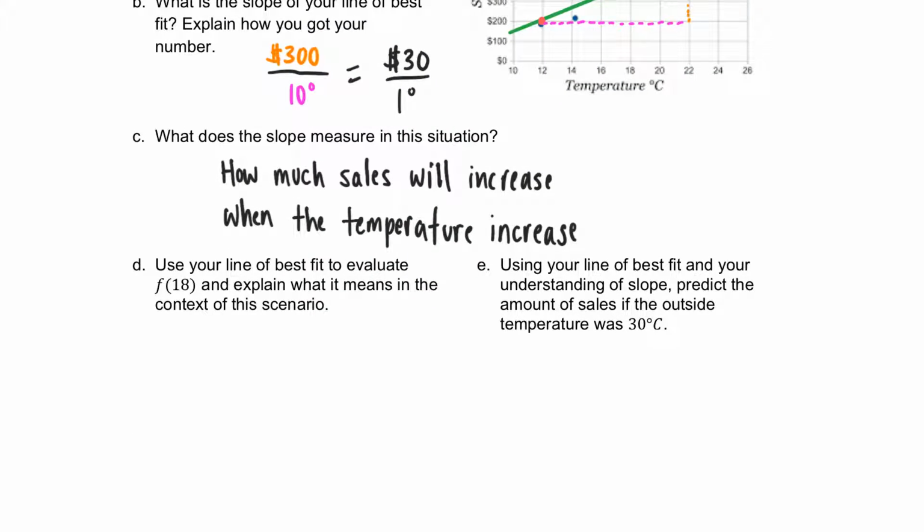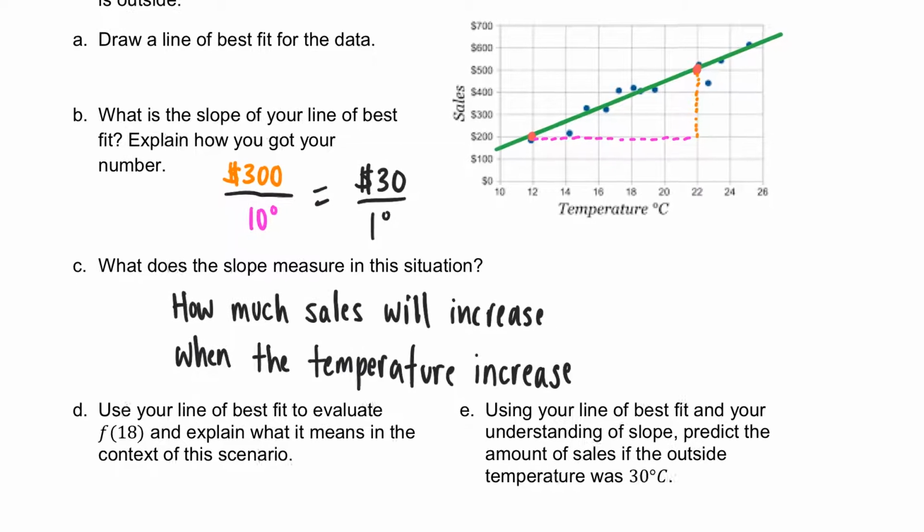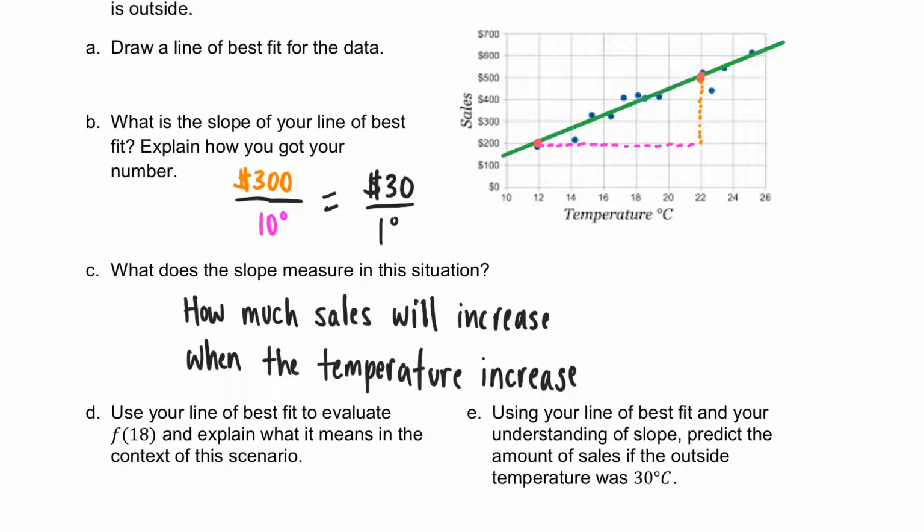Part D is saying use your line of best fit to evaluate f of 18 and explain what it means in the context of this scenario. So f of 18, literally all we're going to do is find 18 for an input. This is our input value, and they want to know, when the input value is 18, what is the output value?